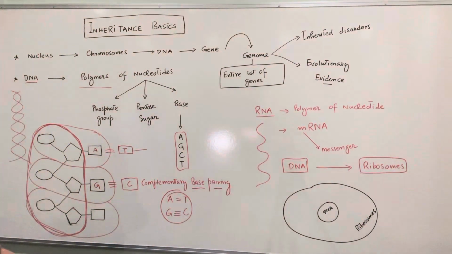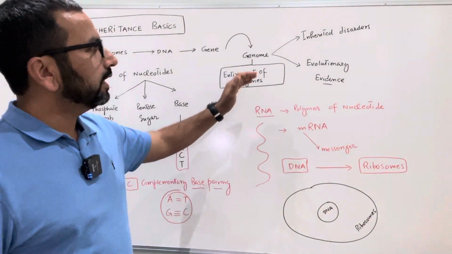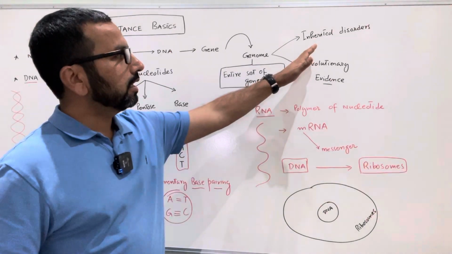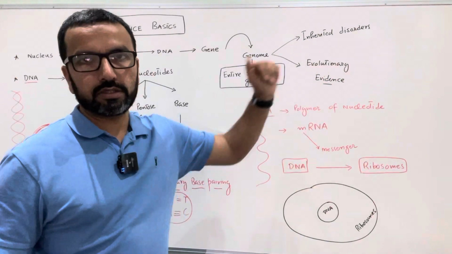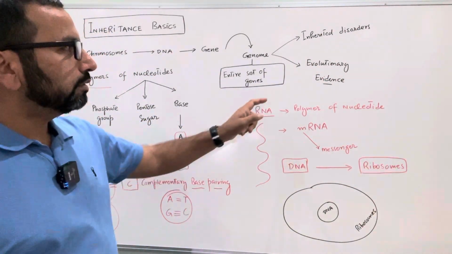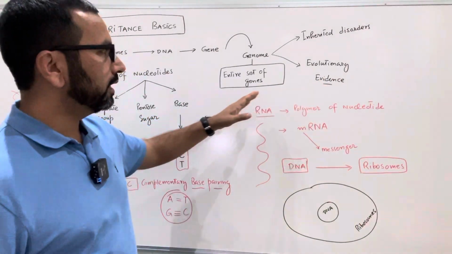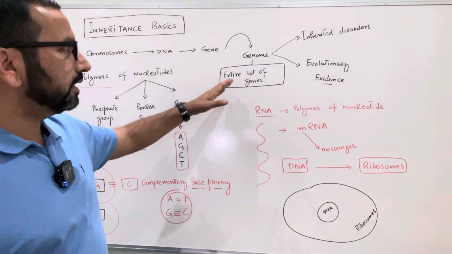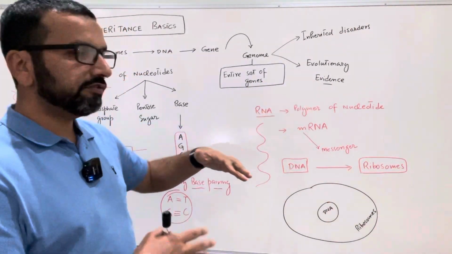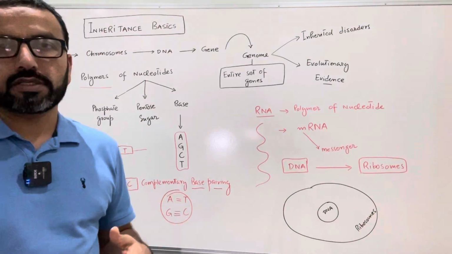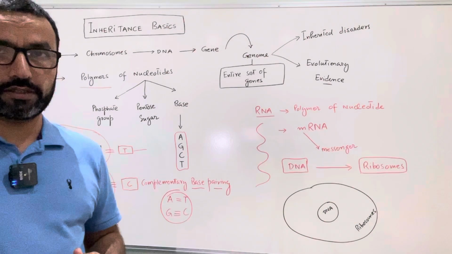A few years back, scientists studied the human genome, and as a result it is now easier to study inherited disorders and to find evolutionary evidence. Evolutionary evidence means finding the tiny differences between the different races of human beings on the planet.